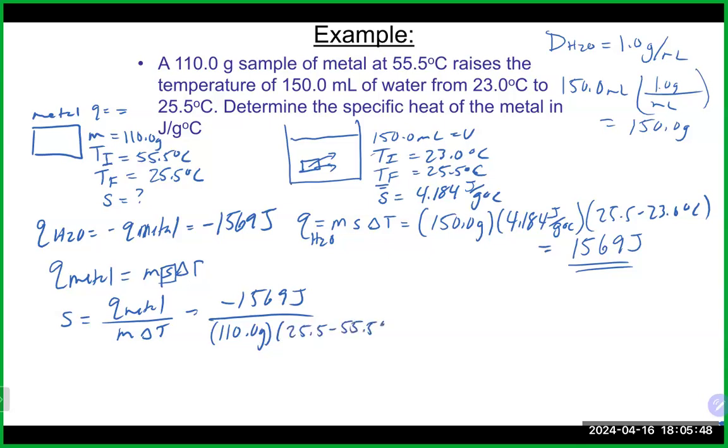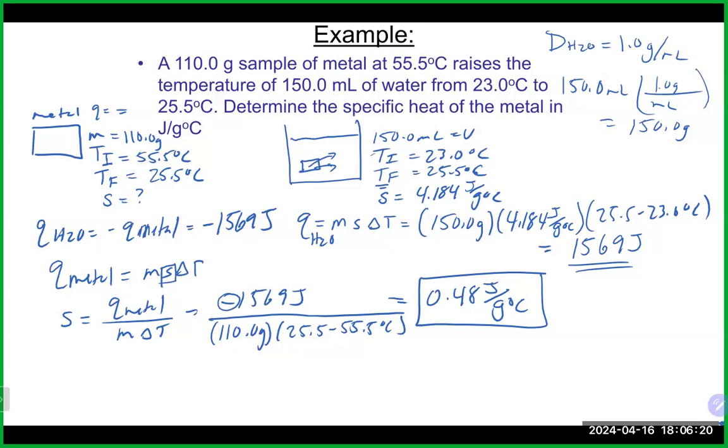And that again is going to give us that negative that we need to counteract the negative that we have here. And that's going to get us .48. Joules per gram per degree Celsius, which are the 3 units that we have for our specific heat capacity. Any questions on that one there?